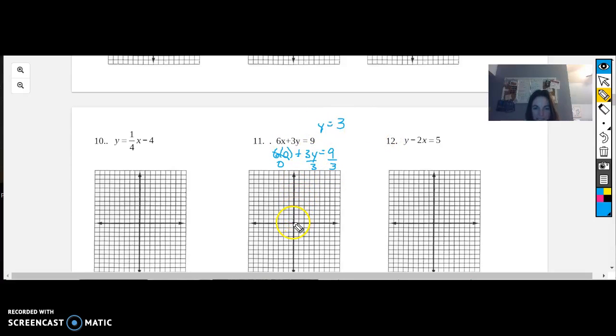So when x is 0, y is 3. And I can do the same thing for x. I can plug 0 in for y. So I had a value there at 3. And I can say 6x equals 9. x equals 9 over 6, which is 3 halves.